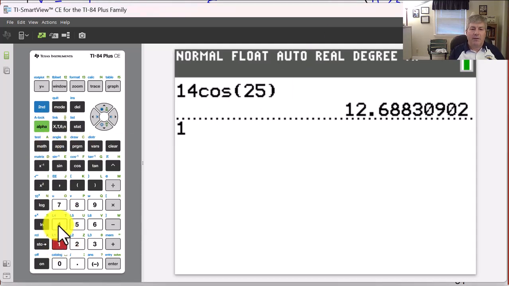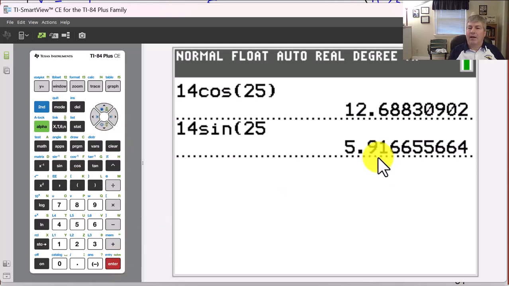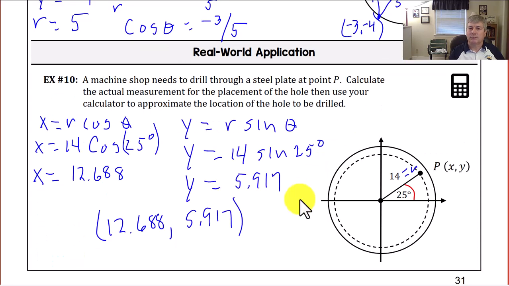And I can repeat the process for sine, 14 sine, my angle is 25, and I get 5.9167 for that one. So let's go back and answer our question.